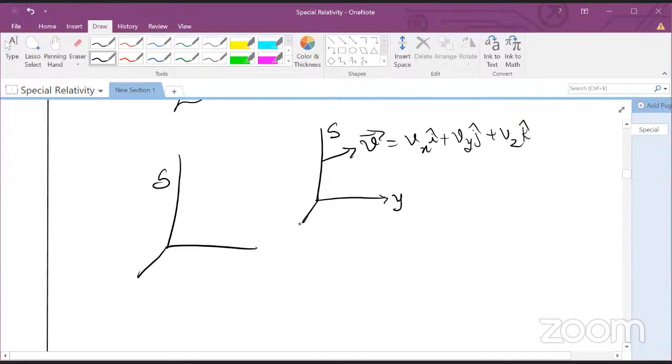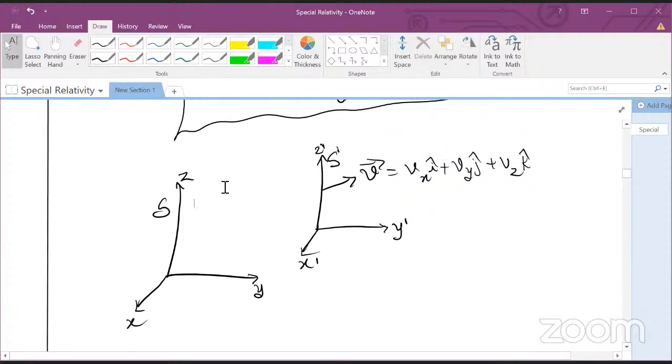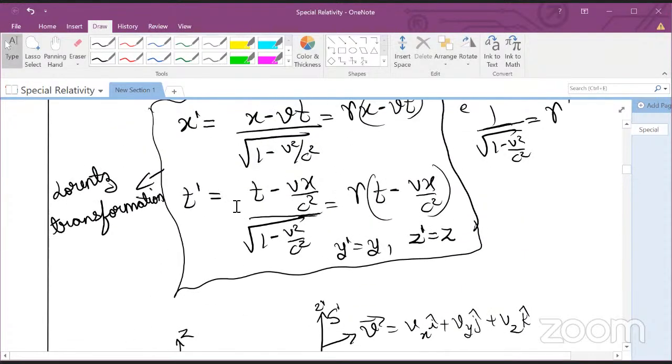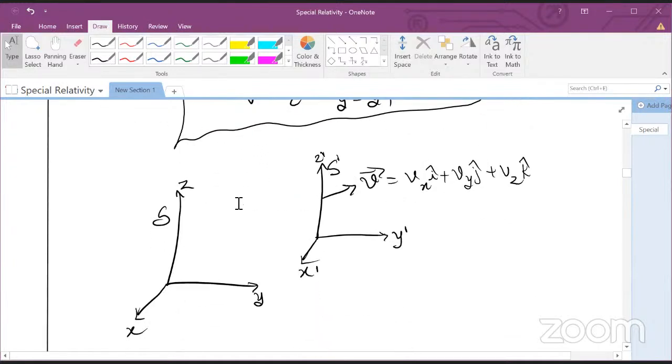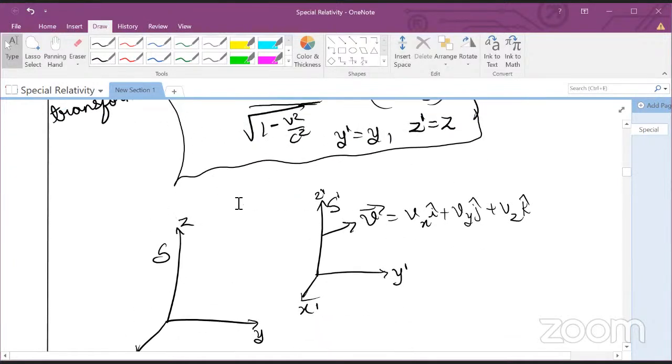So this is y axis or y dash, z dash, this is x dash, and these are the unprimed coordinates. Now it's a very complicated scenario. Why? Because Lorentz transformation in 3D is a very big transformation where we need to remember so many formulas. But we can make it simple.